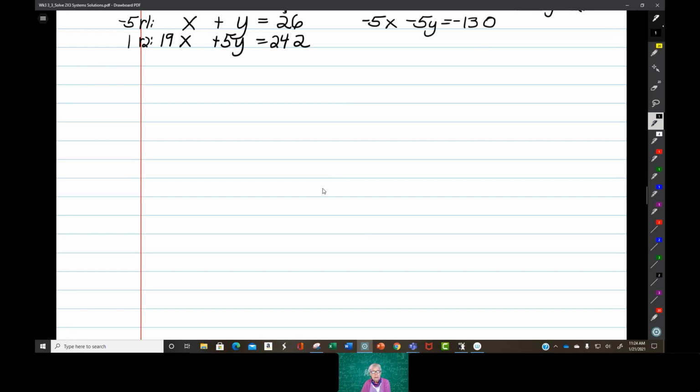So that's how I would temporarily be changing row 1: negative 5, negative 5, negative 130.